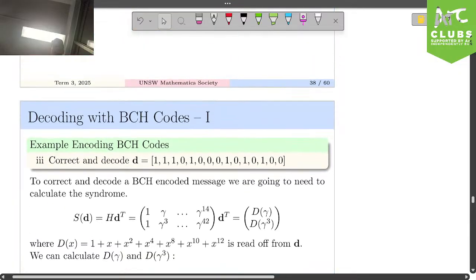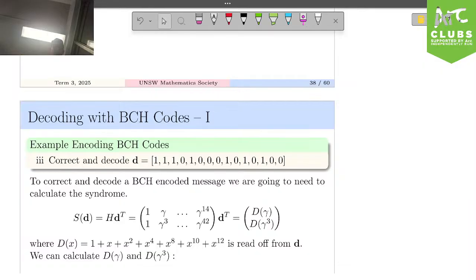So what we can do is, as with any time that we try to decode something with a parity check matrix, we calculate the syndrome. What you can do is multiply your parity check matrix by your d transpose, and you're going to get two polynomials in gamma and gamma cubed.